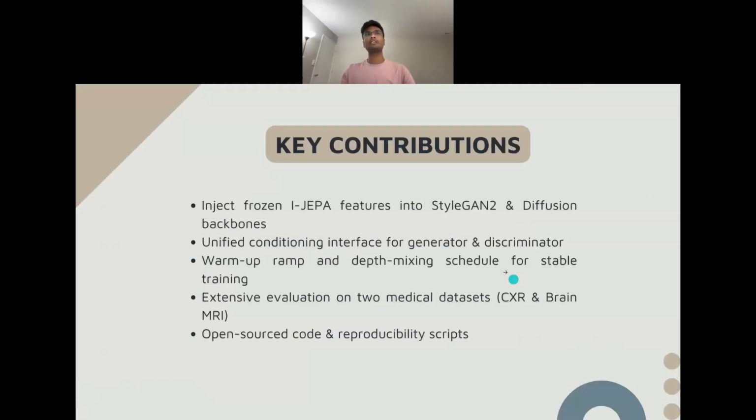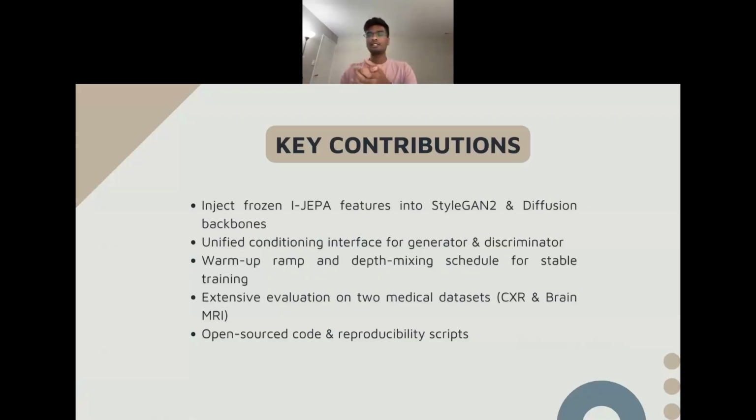The key contributions here are to inject frozen I-JEPA features into the StyleGAN and diffusion backbones. We propose a unified conditioning interface for the generator and the discriminators so that the embeddings flow through the entire architecture smoothly. We introduce some hyperparameters, which I will show in later slides, such as the warm-up ramp schedule and depth mixing schedule, to make the training more stable.